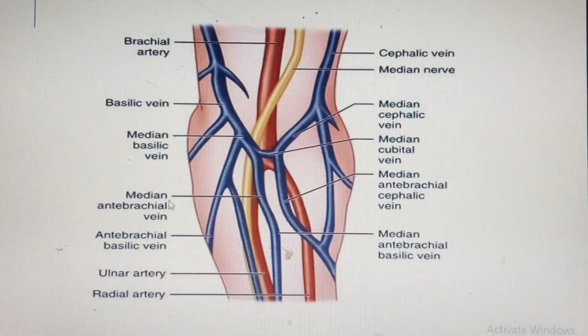So over here, you can see the median cephalic vein of the forearm and the median basilic vein of the forearm, and both of them join over here. All these median veins, with respect to the median nerve, come to join at the median cubital vein. Please get to know this.